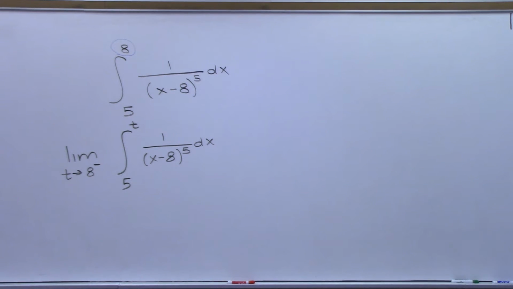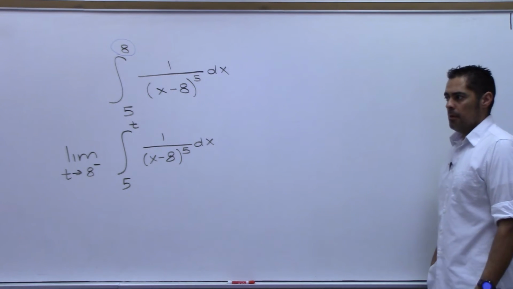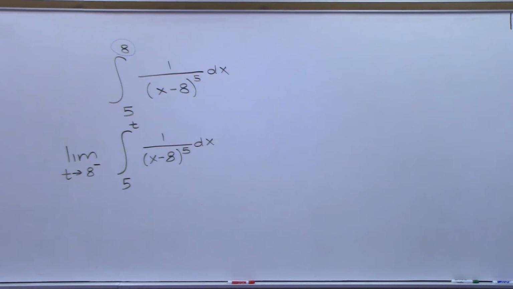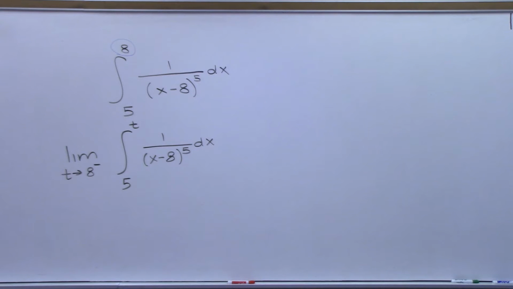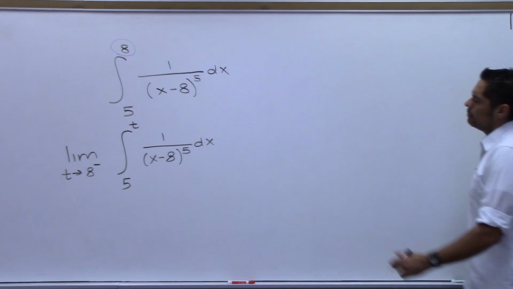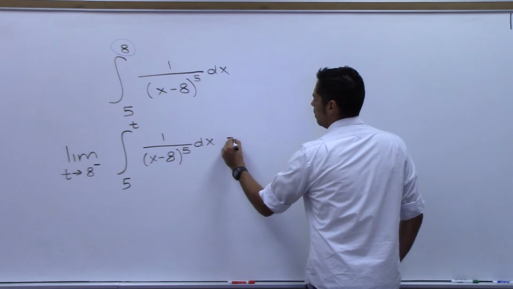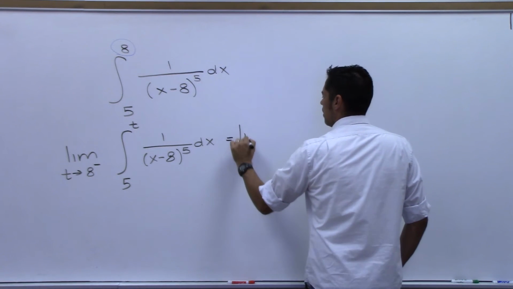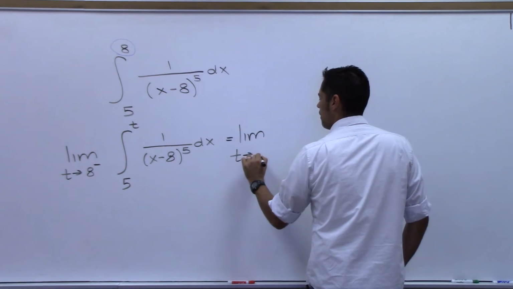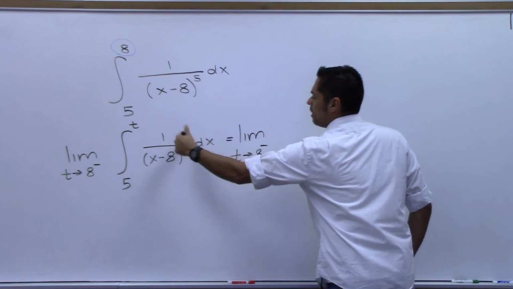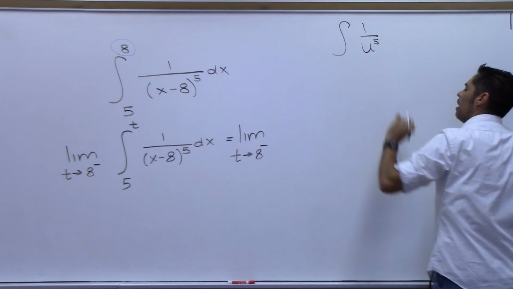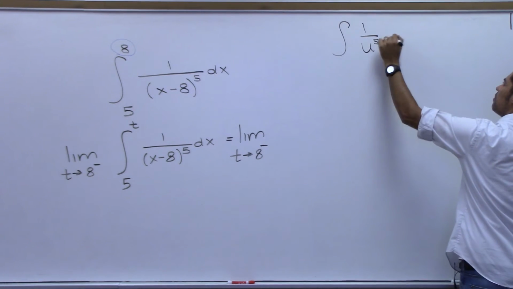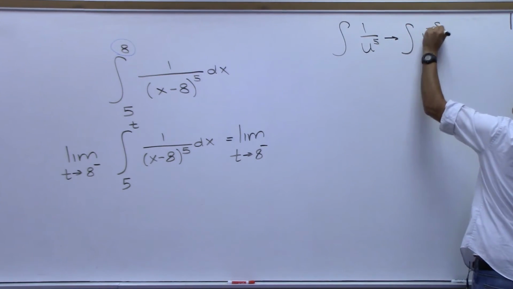What is the antiderivative of 1 over (x minus 8) to the 5th power? You bring it up. A negative 5. Okay, so let's bring the limit still. This really right here looks like the integral of 1 over u to the 5th, which is really the integral of u to the negative 5.